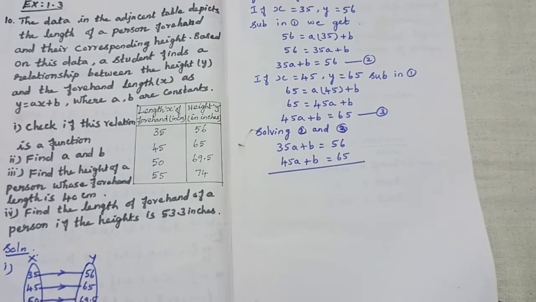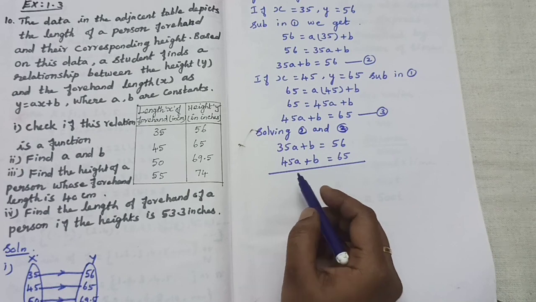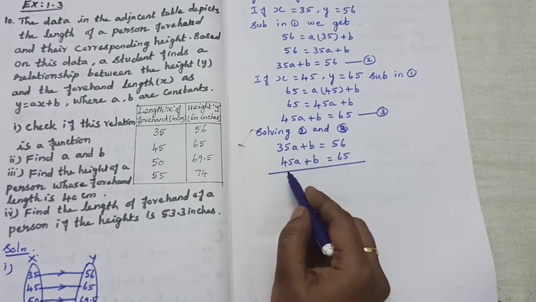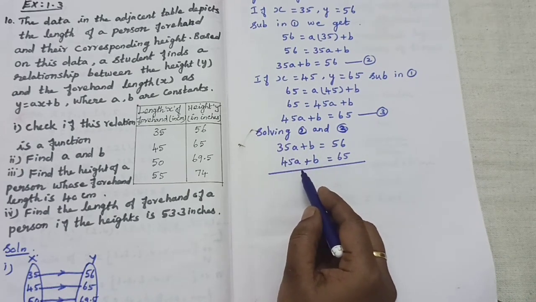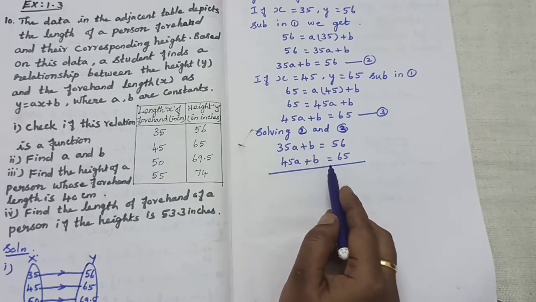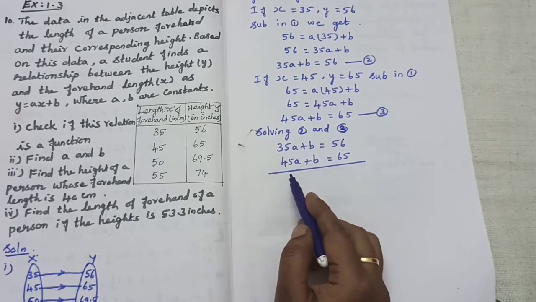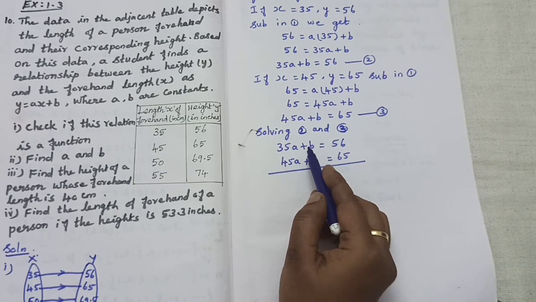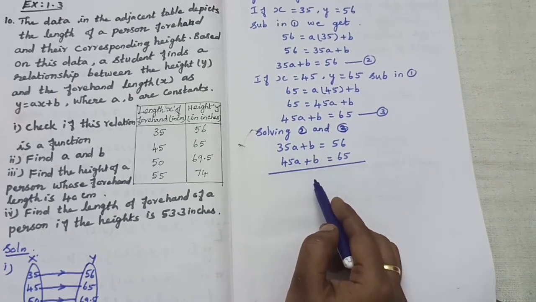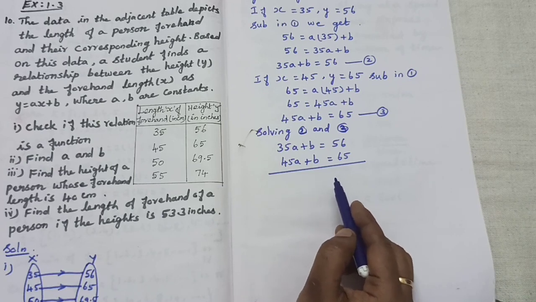Last year also you learned this elimination method. Here 35a, here 45a is there. We have to eliminate one term, then only we will get the other term. But here b is there and here b is there. If we add these two, we get 2b, so we cannot eliminate any term.